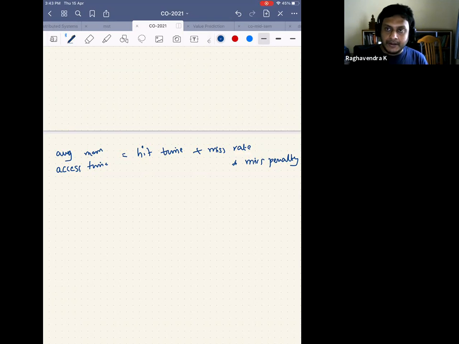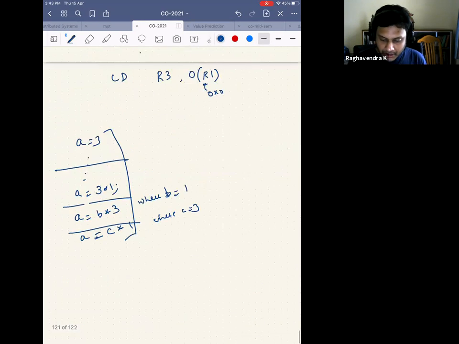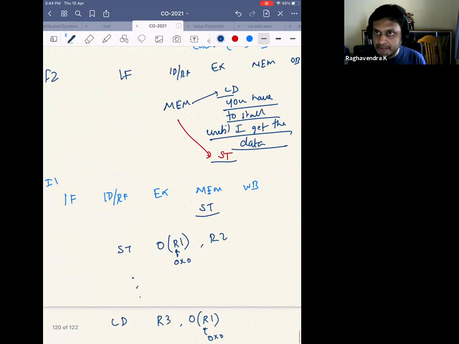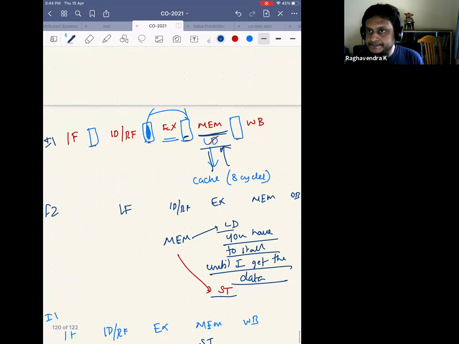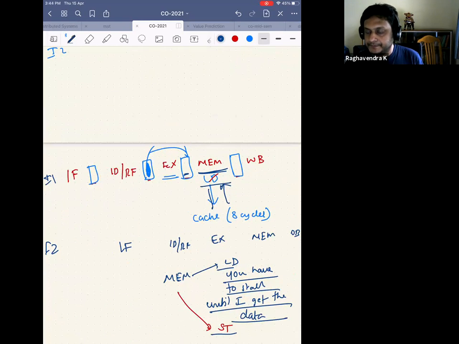From the next level. So if you have understood this, I will ask you a question. What is the miss rate of the main memory? In the example that we were working on, what was the miss rate of main memory?